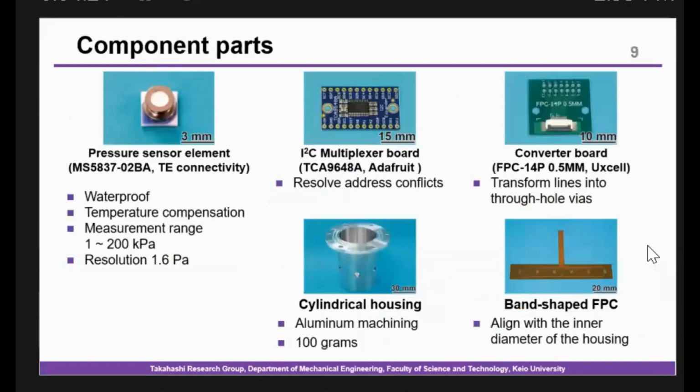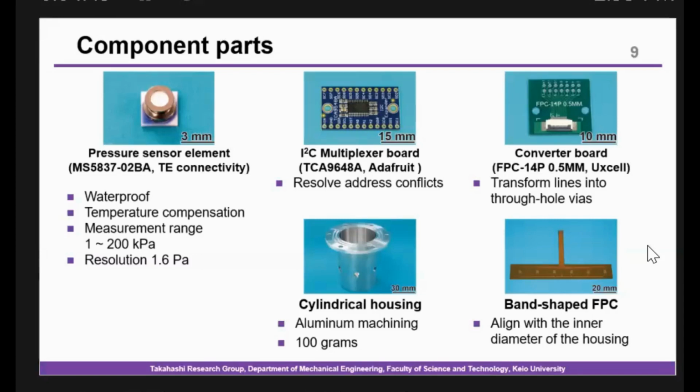These are the components. These components have features and functions as shown. The pressure sensor element is waterproof and has a temperature compensation function. It measures between 1 to 200 kilopascal with a resolution of 1.6 pascal. Due to the use of multiple sensor elements, we use a multiplexer.